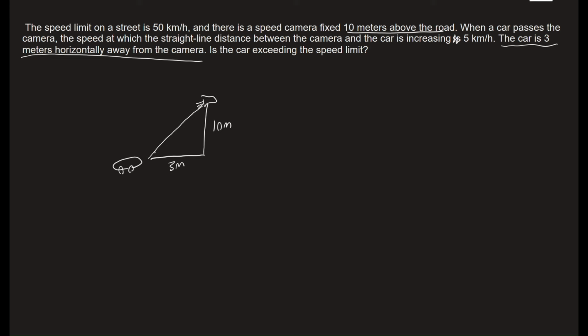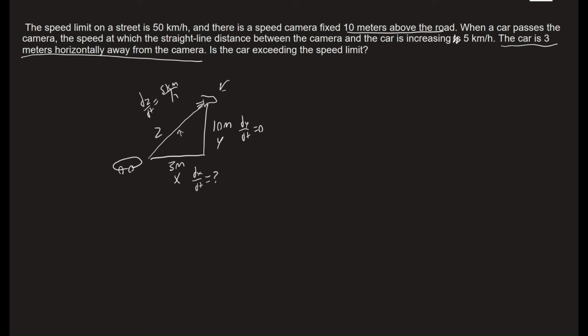It says the rate at which this straight line distance is 5 kilometers per hour. So this is z, x, and y. So right away I could already tell that dy over dt will be 0 because the camera is fixed in place. And dx over dt is what we're looking for.